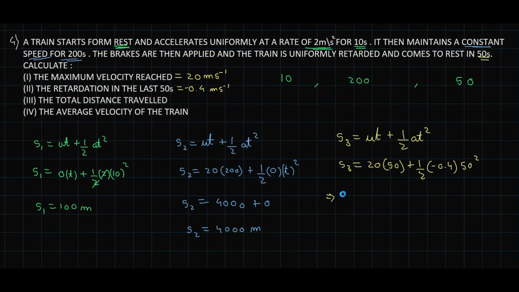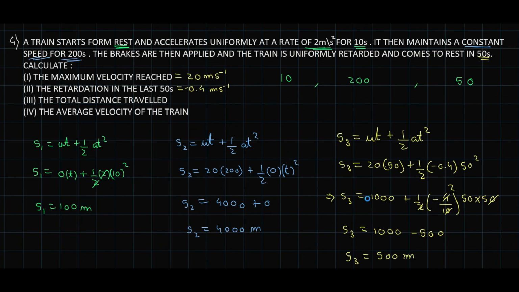Now S3 equals 50 times 20, which gives us 1000, plus half times minus, now 0.4 can be written as 4 over 10 for easier calculation. 50 times 50, 0 cancels out 0, 2 cancels out 4 two times. So S3 equals 1000 minus 5 times 2, which gives us 10, and 50 times 10 is 500. So S3 equals 500 meters.